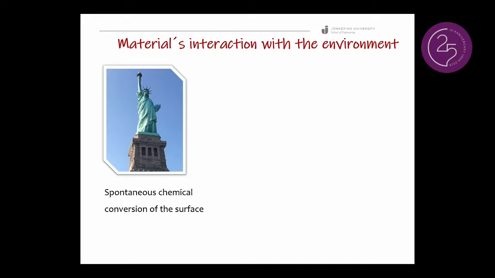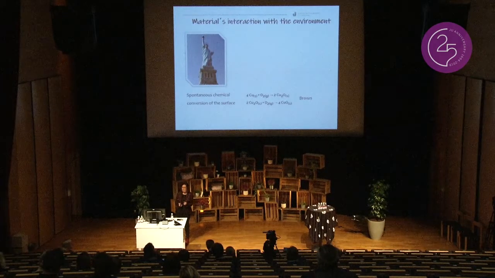Well, the Liberty statue was installed in 1886, and in this long time, it has had a spontaneous chemical conversion of the surface. Specifically, the copper interacts with the oxygen in the environment to create copper oxide. But actually, copper oxide is brown in color.